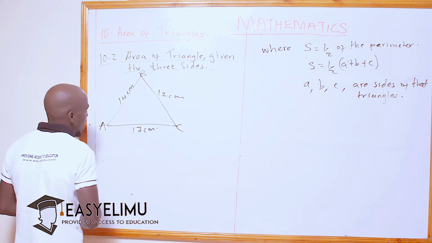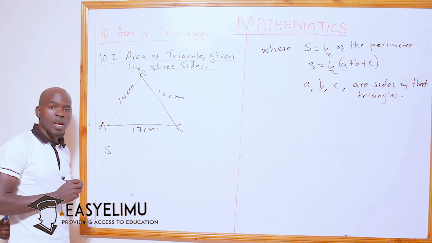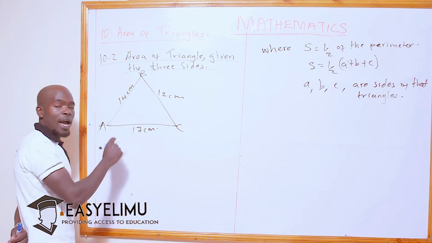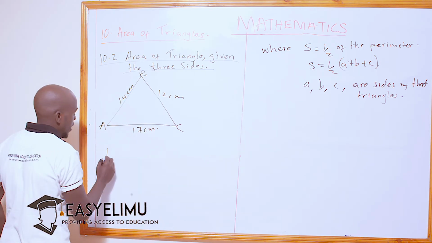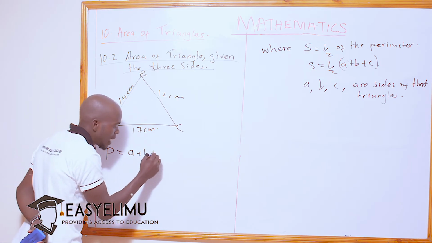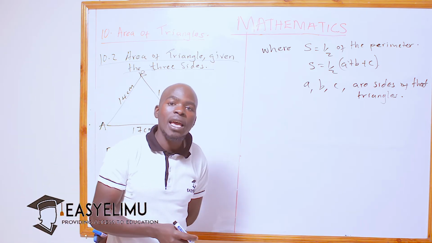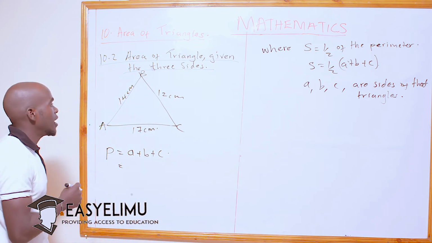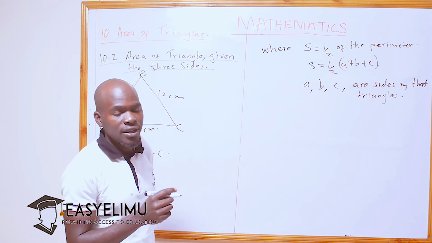To find the area here, first of all, you need to find S. And finding S, you need to find the perimeter of this triangle. To find the perimeter, you will take A plus B plus C, where A, B, C are the sides of that triangle, given as 14, 12, and 17 centimeters respectively.